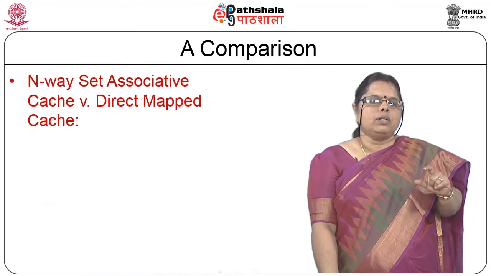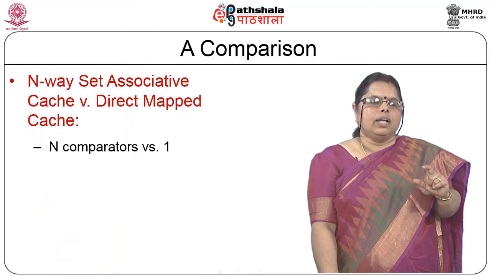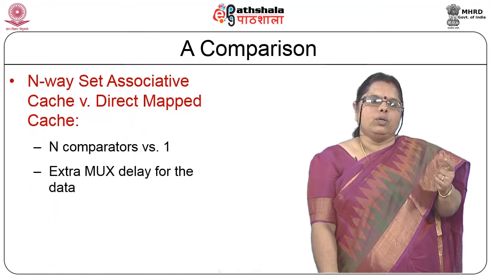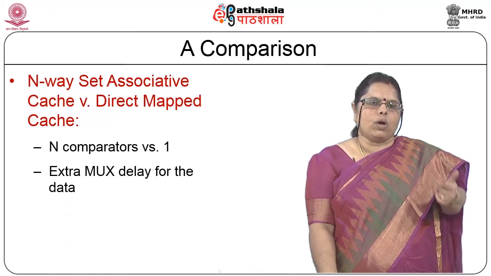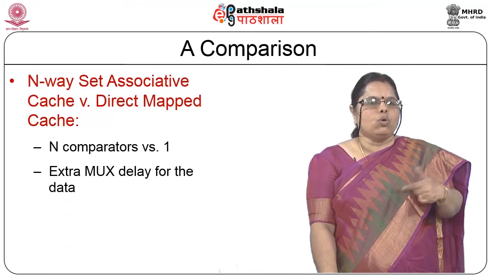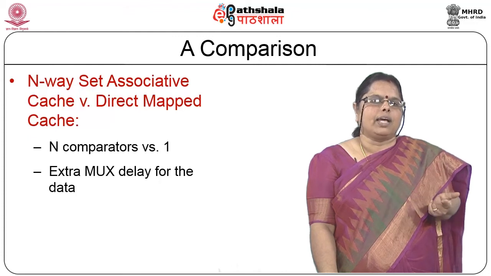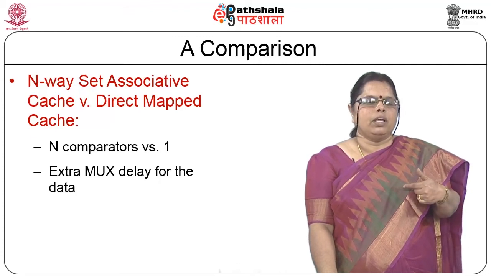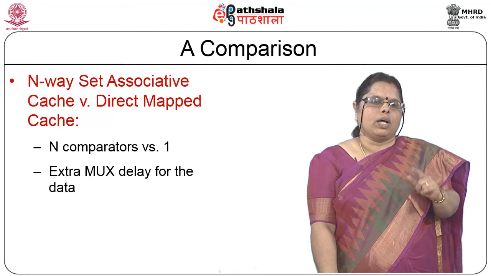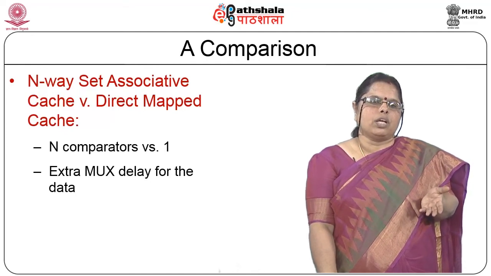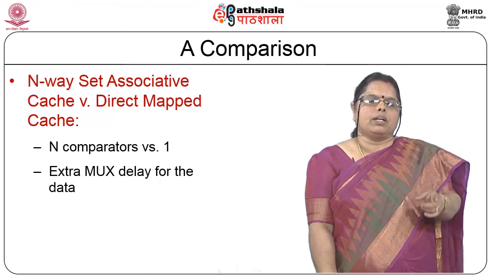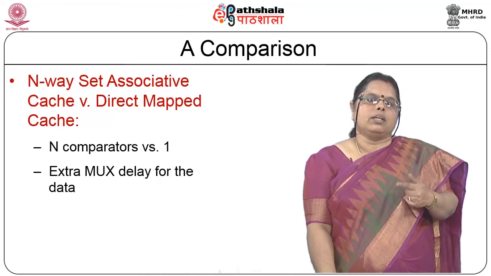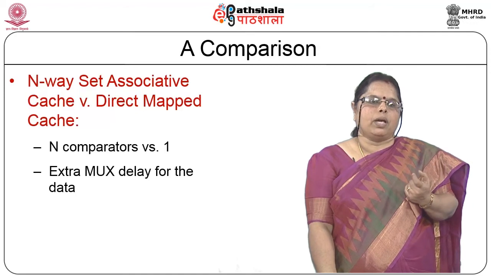Now, in comparison to direct mapped caches, in the case of direct mapping, the address is mapped onto only one block. So, whether you check the tag or not, you can start reading from there. There are no comparators that are required. Whereas, when you are looking at set associative mapping, you need to compare all the tags. So, you need n comparators, whereas in the other case you need only one comparator to compare the tag.